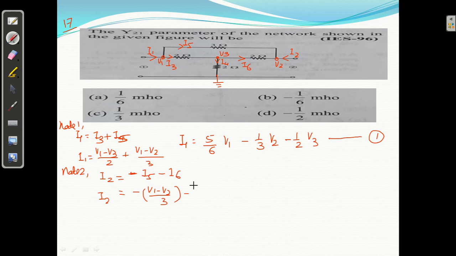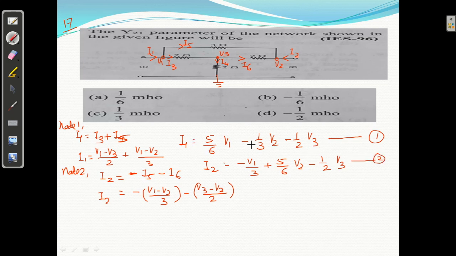V3 minus V2 upon 2. Clear? If you solve this equation, you will get I2 equal to minus V1 by 3 plus 5 by 6 V2 minus 1 by 2 V3, equation number 2.